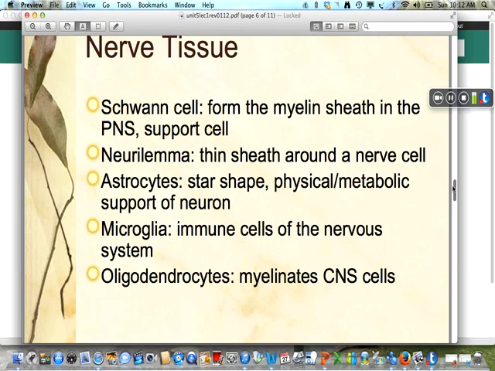We've got several other support cells in there. The astrocytes are a star-shaped cell that are going to provide physical and metabolic support of the neurons. The microglia are the immune cells of the nervous system, and then the oligodendrocytes are going to myelinate the CNS cells. So here you've got the Schwann cell in the PNS, oligodendrocyte in the CNS.